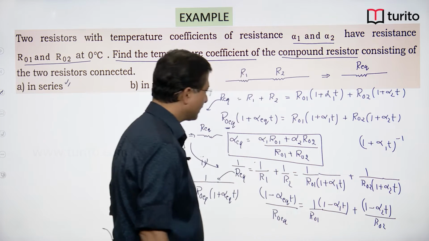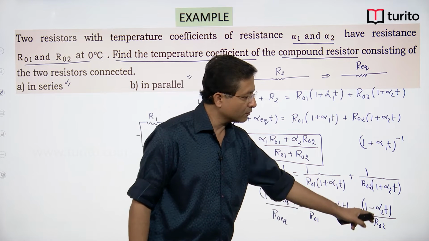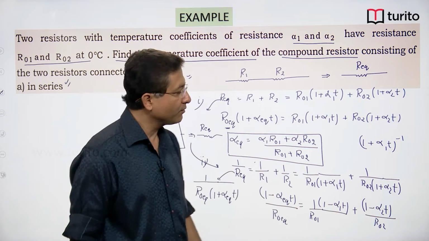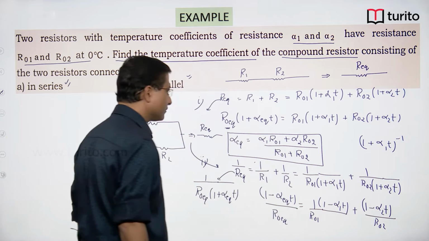And again 1 upon R equivalent will be equal to 1 upon R1 plus 1 upon R2, that term will get cancelled out, and if you simplify, you can see this term will appear here and this term will appear here.